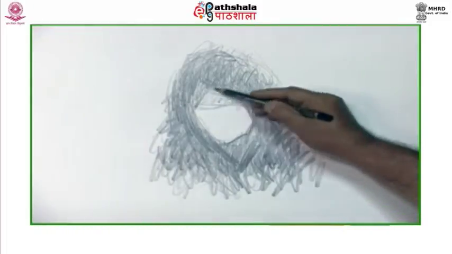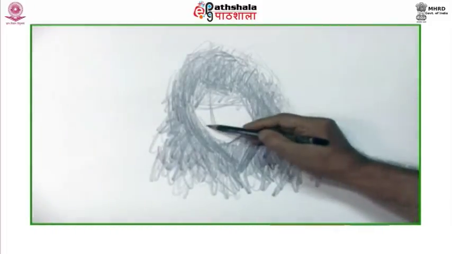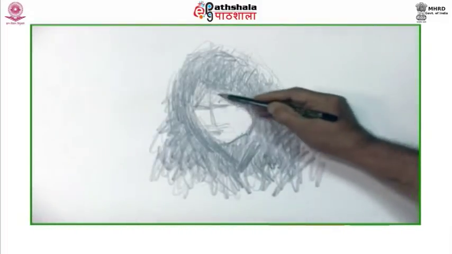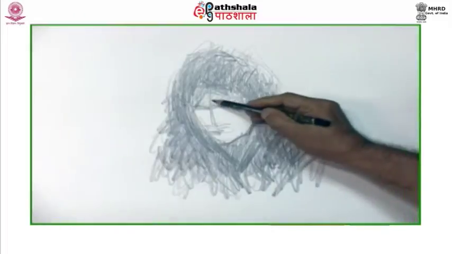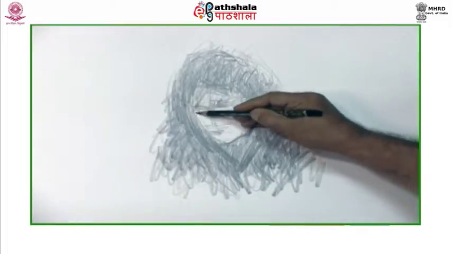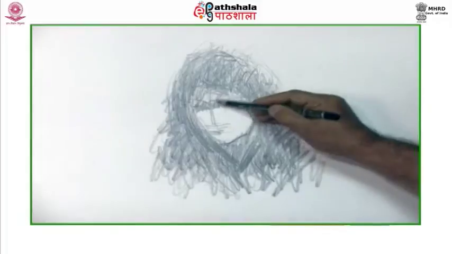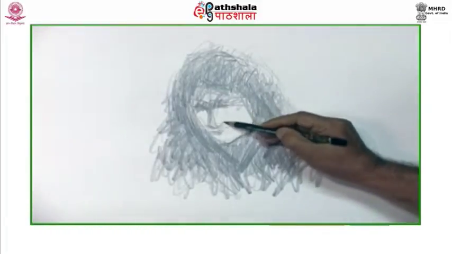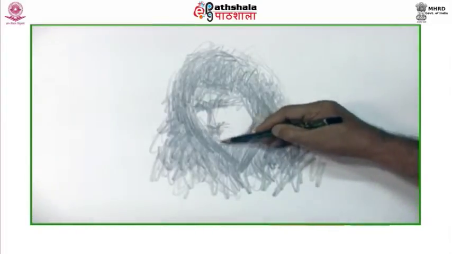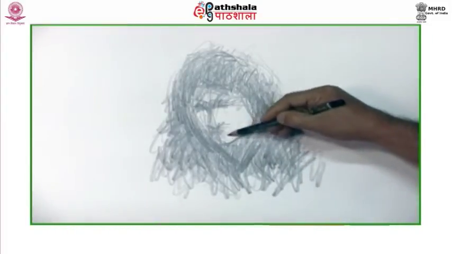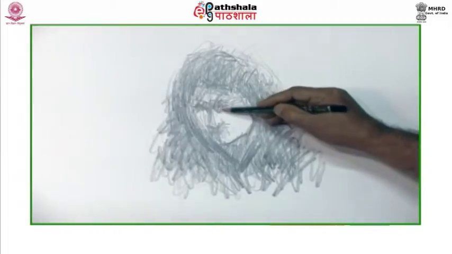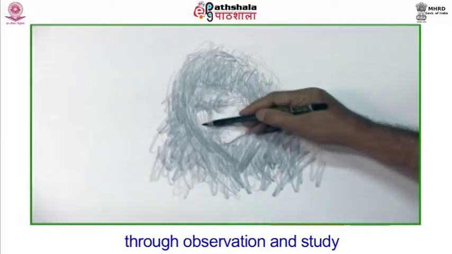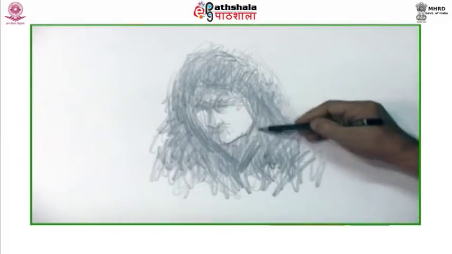It's their hair or nose, or their drooping lips, or their raised eyebrows that help us identify a person. Remember, your eye is trained by now through observation and study.